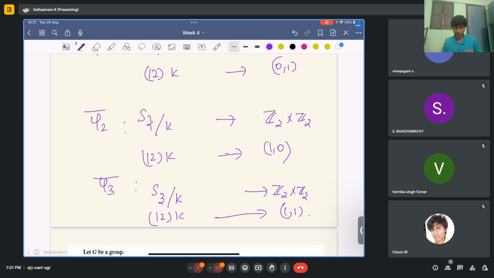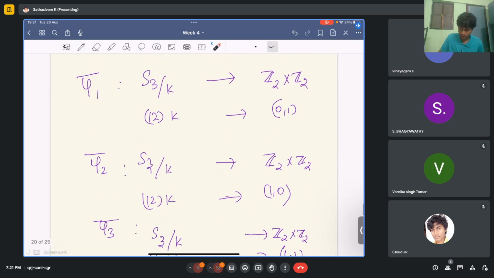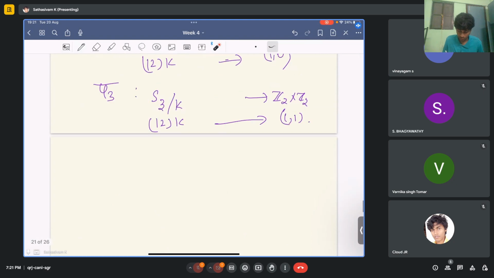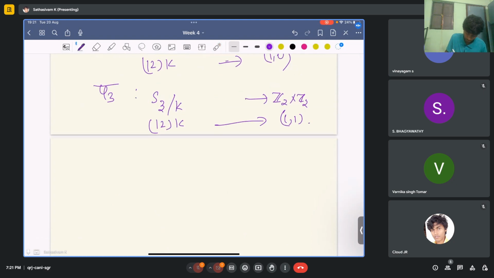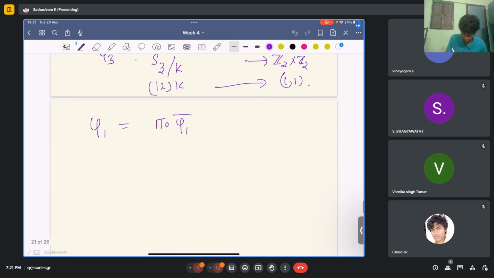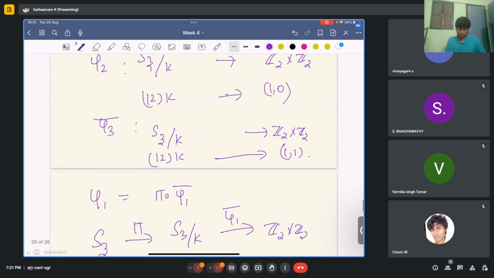Okay. And this maps to (1,1). And you compose this with phi like we did in the first problem. So for example, you define phi 1, which is nothing but phi 1 bar composed with phi. If you want to see it pictorially, there's S3, there's a phi here. We go to the image, we go mod K, and then there's a phi 1 bar here, and this is Z2 cross Z2.